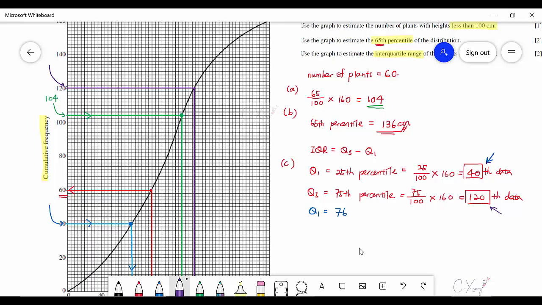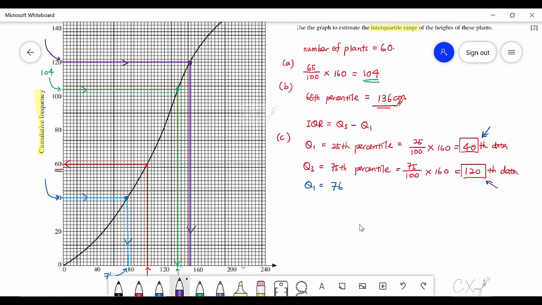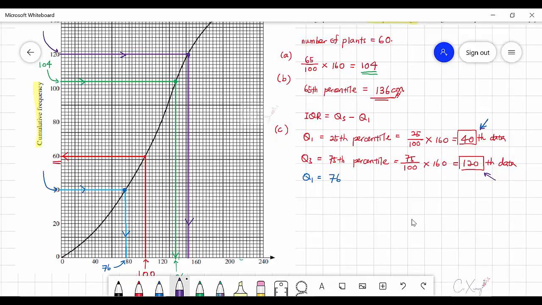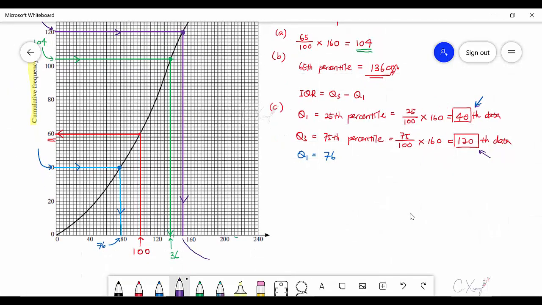Then again, start from the 120, you draw a line, go and touch the curve, and then you read the value that reflects to the x-axis. If you look at this box, it is maybe in the center or slightly more than the center.